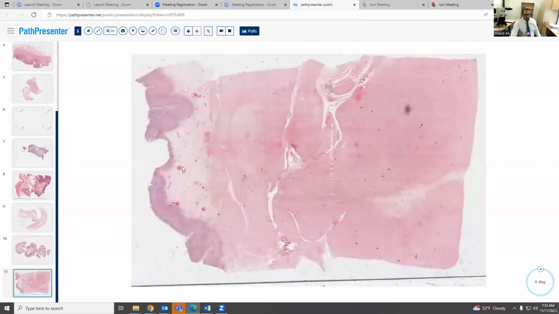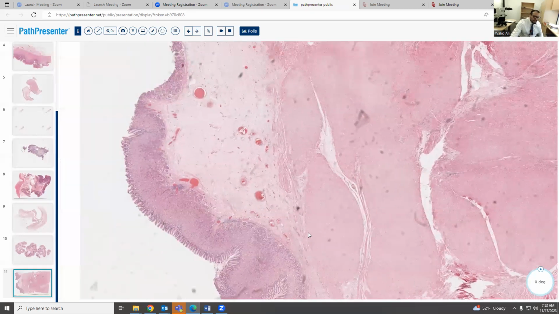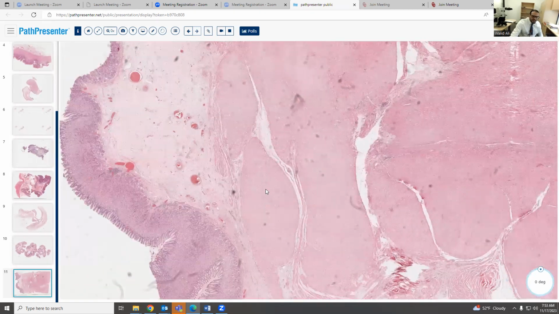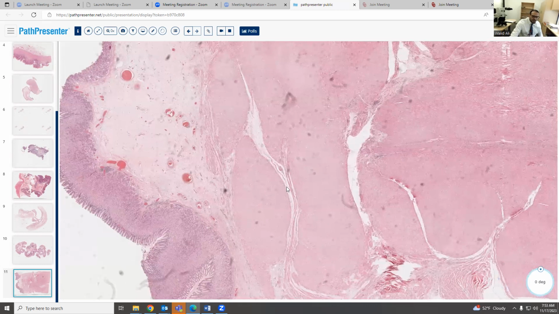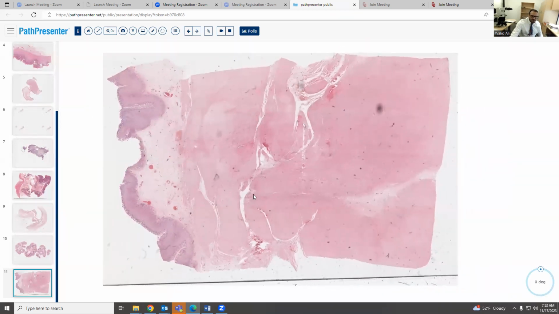This slide is another common mesenchymal tumor that can also happen in the GI tract. Let's see here. Usually it arises in either the muscularis mucosae or the muscularis propria. When we look at low power, we see there's an abnormality.